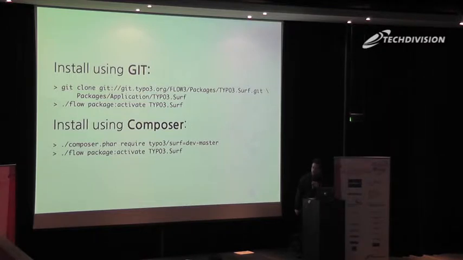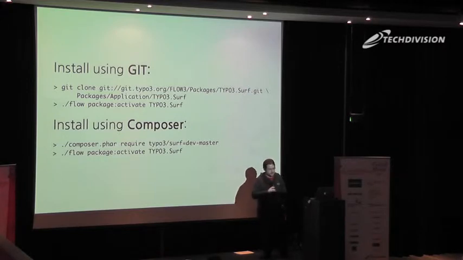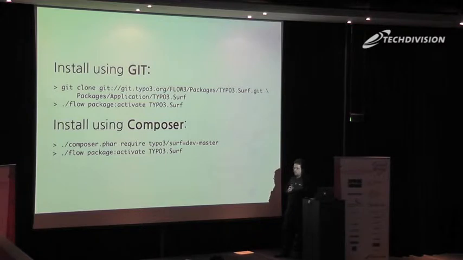There's not any stable release yet. But in my experience, the version that you can pull from the master branch is relatively stable, so we haven't had any problems with it. So usually it's quite fine.